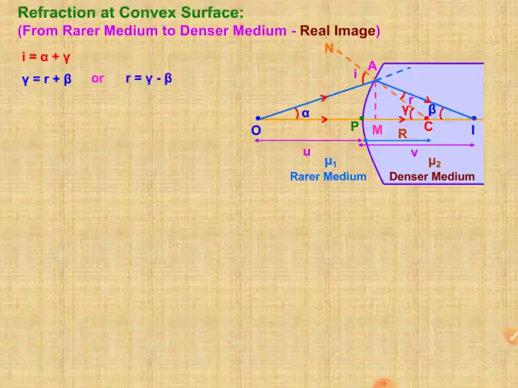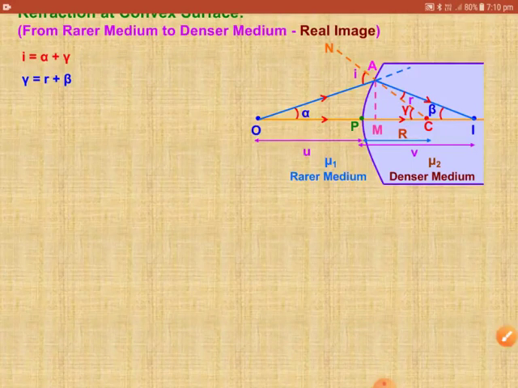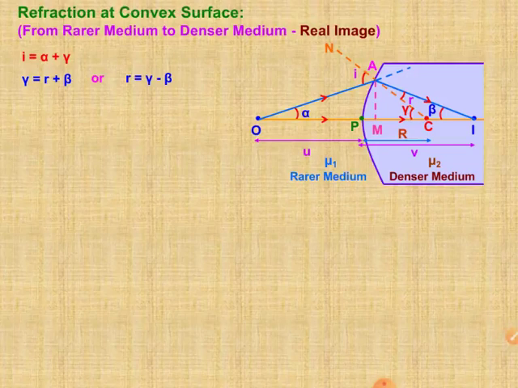We need to express it, and don't forget this, one for the angle of incidence and another for r. So from this second equation we express r as gamma minus beta. Got it? Then let's express this alpha in terms of the perpendicular and the base.